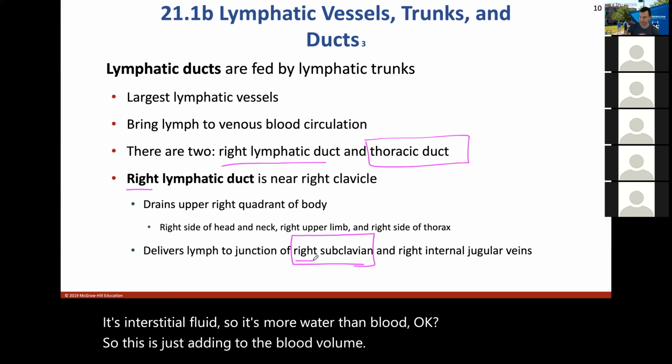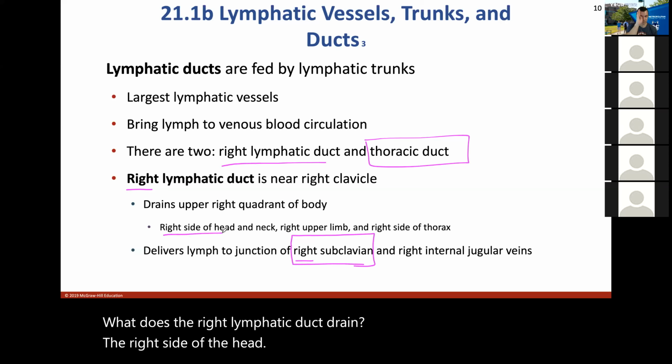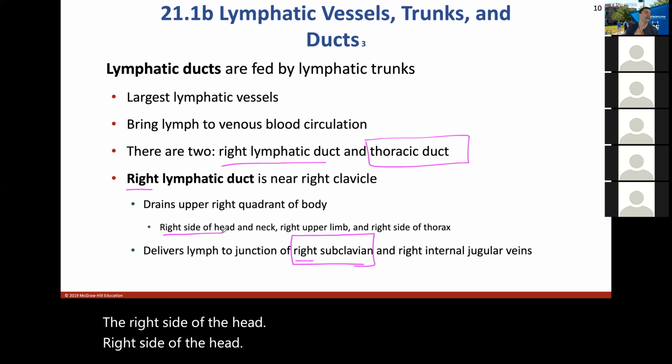So this is just adding to the blood volume. What does the right lymphatic duct drain? The right side of the head. Right side of the neck. Right upper limb.